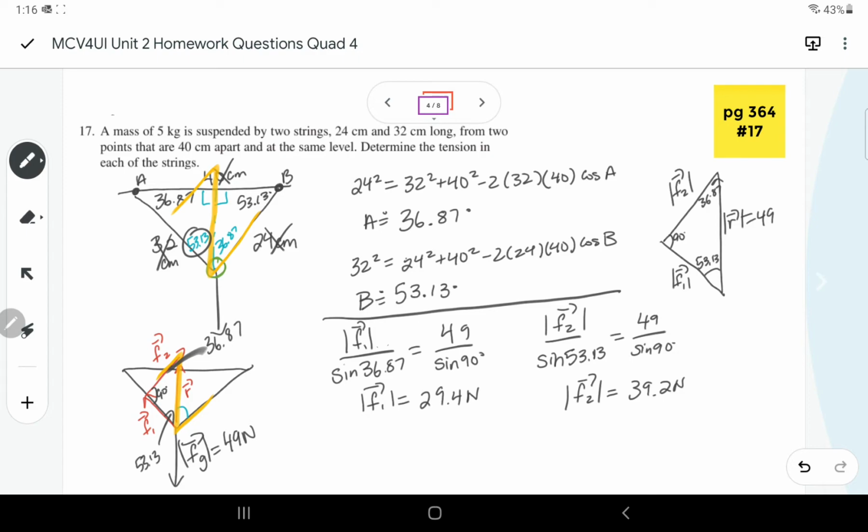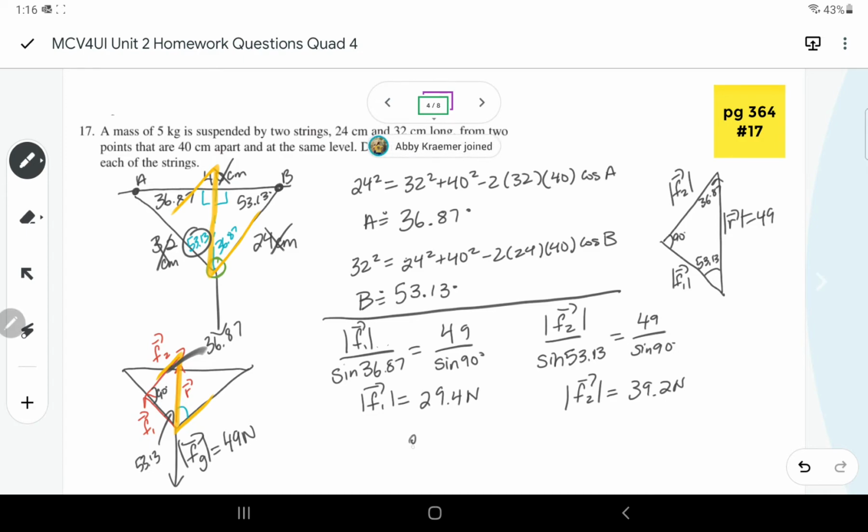So determine the tension in each string. So the tension in the F1 was in the 32 centimeter string, I believe, yeah.